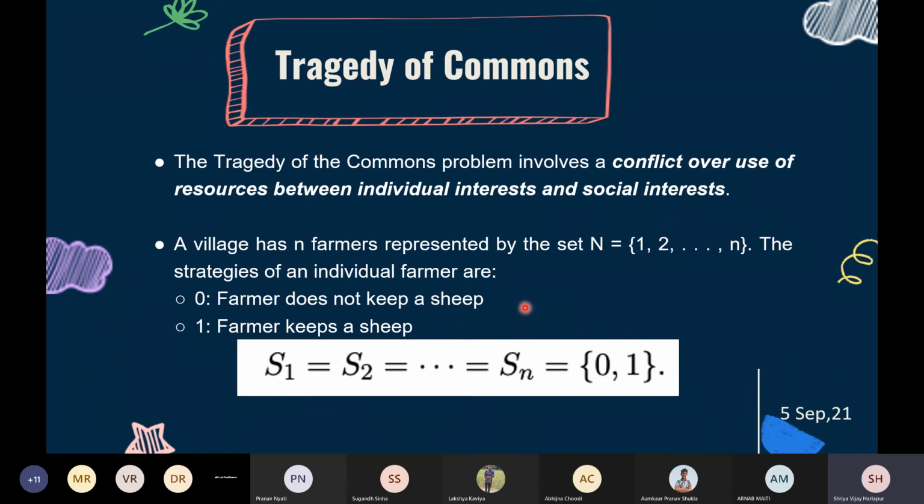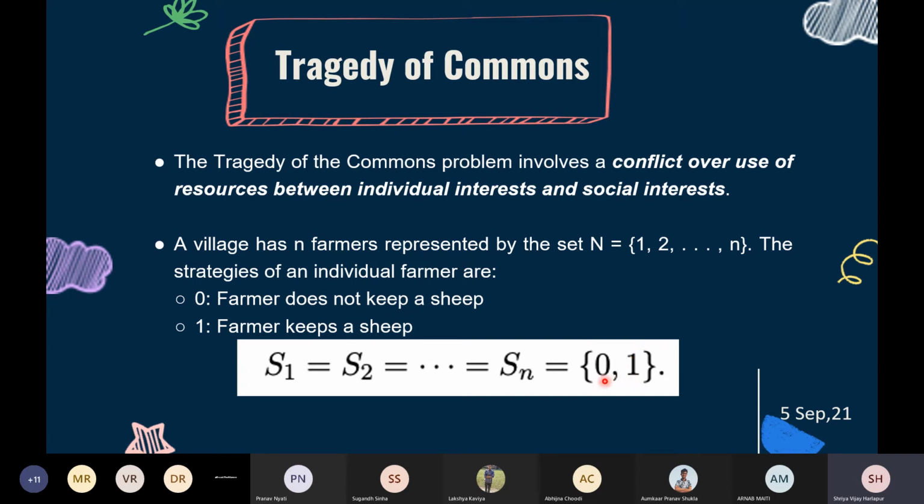And so the example we'll take here is a village with n farmers. So that set N originally is 1 to n, and the strategy set of the individual farmer is {0, 1}. So 0 if they don't keep any sheep, and 1 if they keep one sheep. Here we're assuming that the farmer unfortunately does not have money to buy more than one sheep.